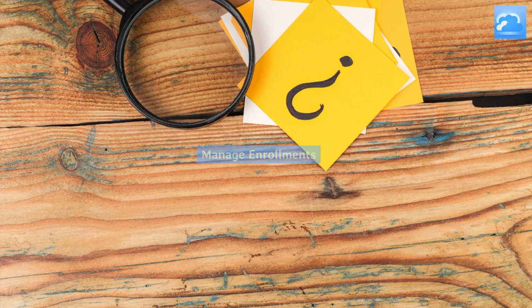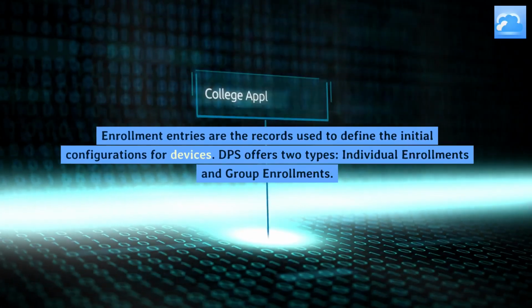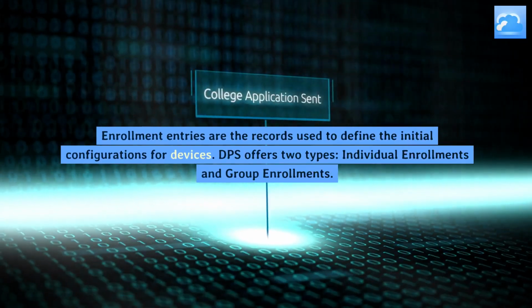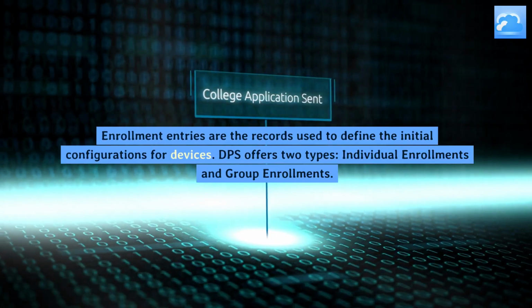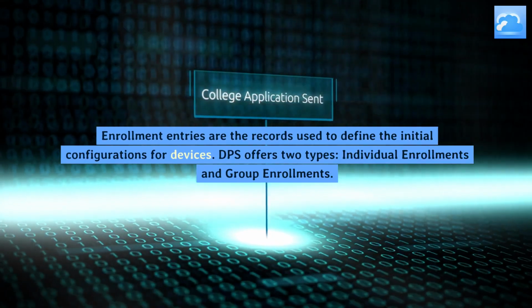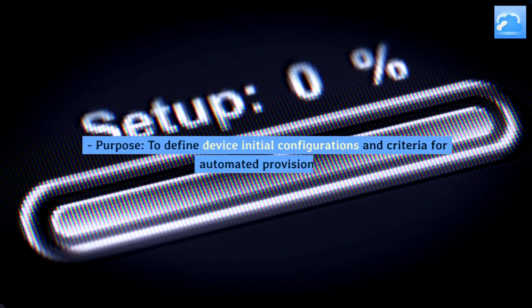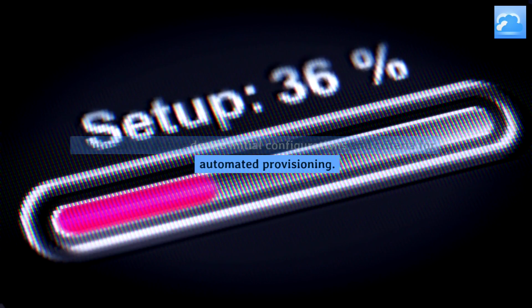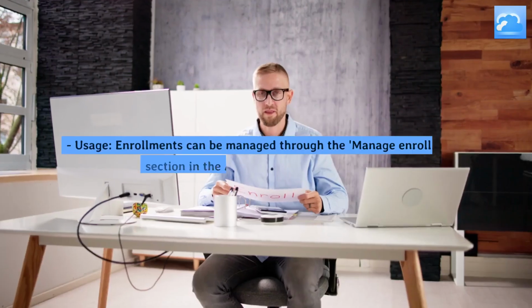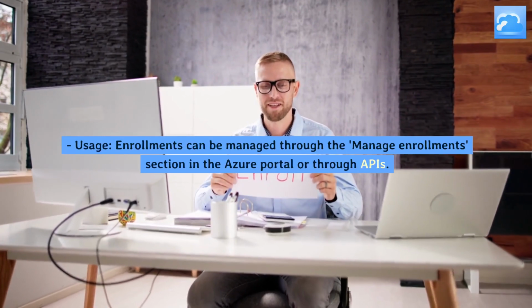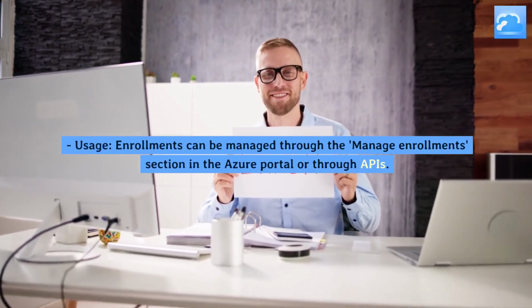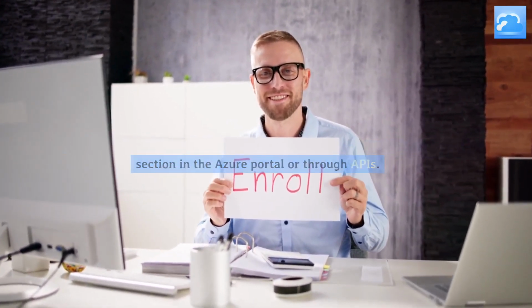Manage enrollments. Enrollment entries are the records used to define the initial configurations for devices. DPS offers two types: individual enrollments and group enrollments. Purpose: to define device initial configurations and criteria for automated provisioning. Usage: enrollments can be managed through the Manage Enrollments section in the Azure portal or through APIs.